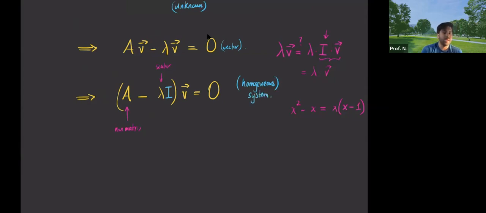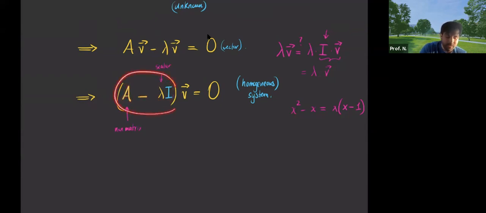Whoa. Already that quickly, we're dealing with systems. Think about this as an n by n matrix, right? Because this is an n by n matrix minus an n by n matrix.